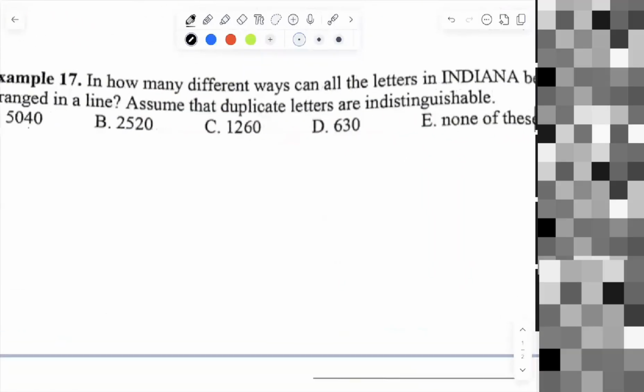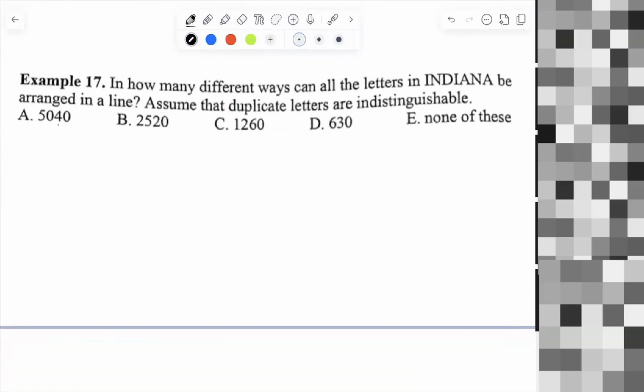Now let's move on to example 17. I'll let you guys have a go with this question and tell me answers in chat.